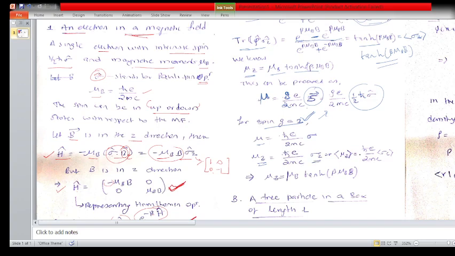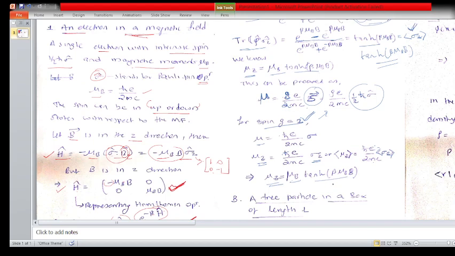If you take the average value of this particular expression, then we will get the average value of sigma z here, and the average value of mu z you can write as mu b, that is h cross e by 2mc, which is nothing but mu b, times tanh of beta mu bb that we have taken from here.